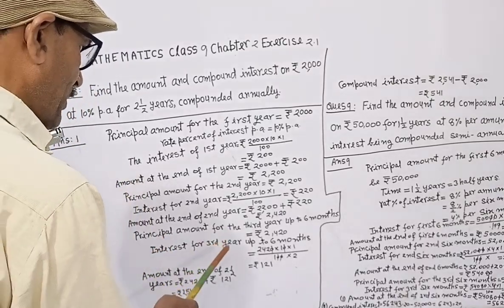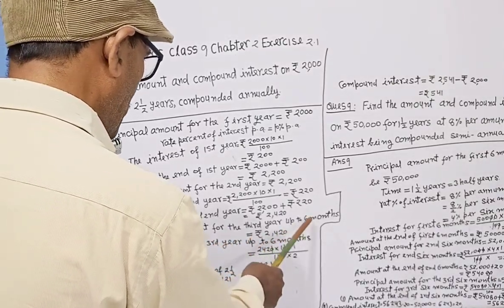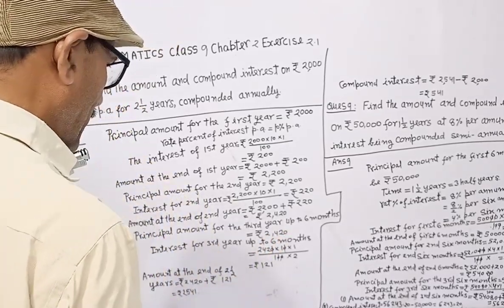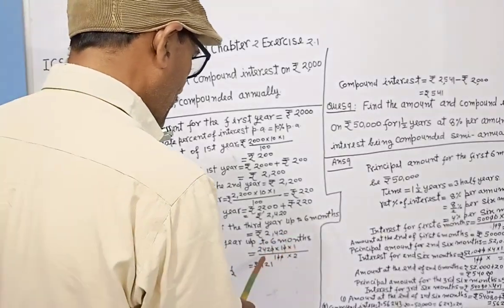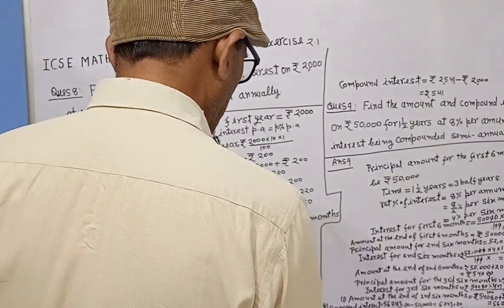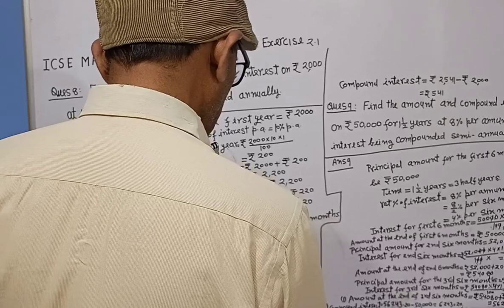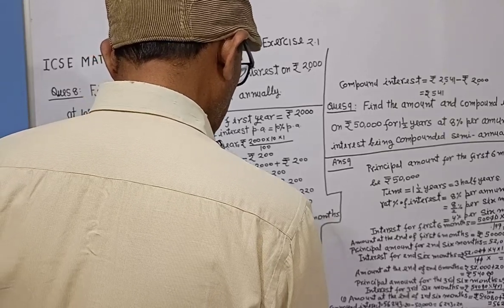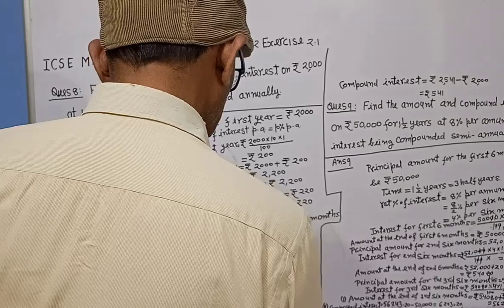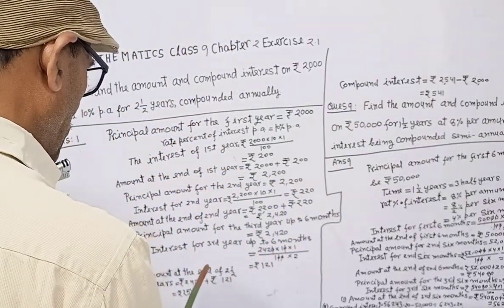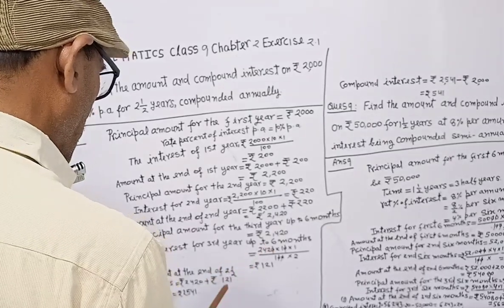Principal amount for the third year up to 6 months equals rupees 2420. Interest for the third year up to 6 months equals 2420 × 10 × 1/100 × 1/2, which is equal to rupees 121.